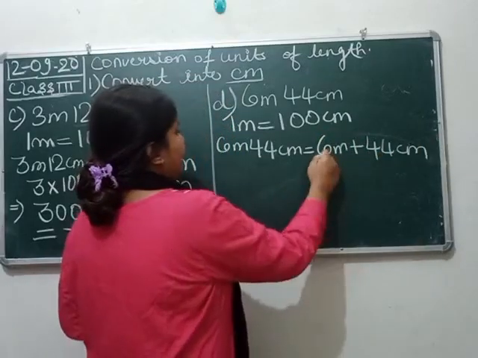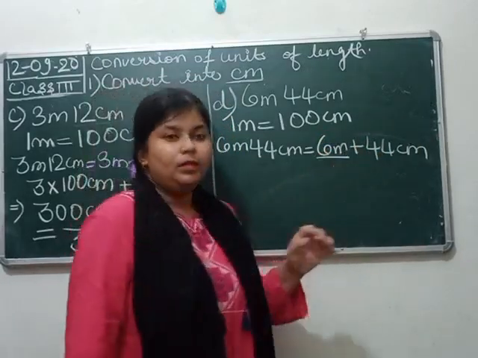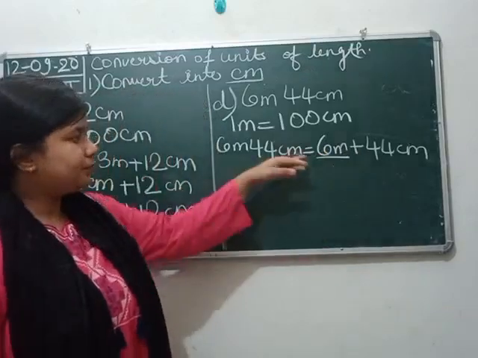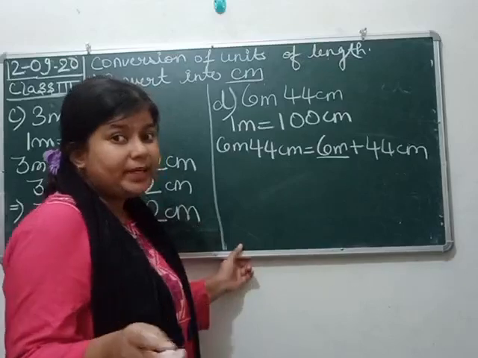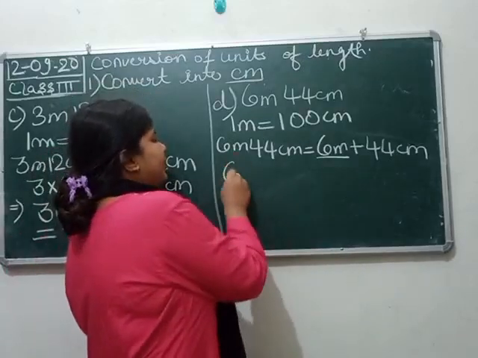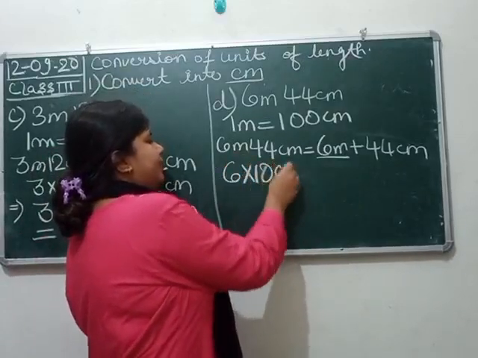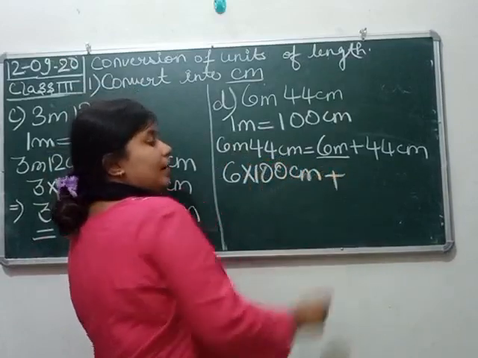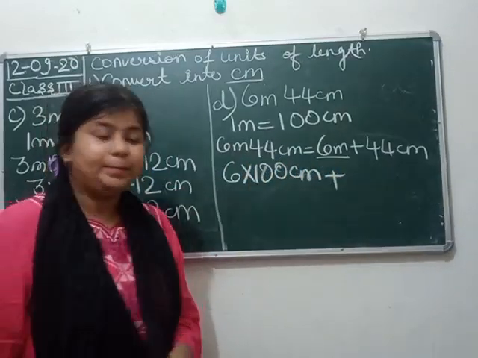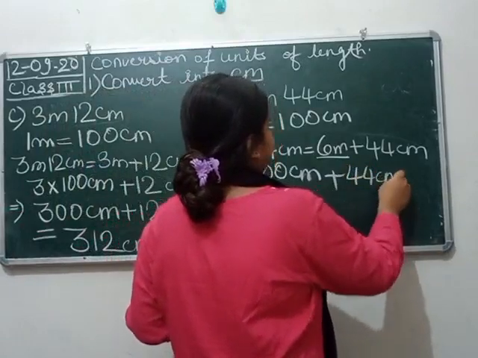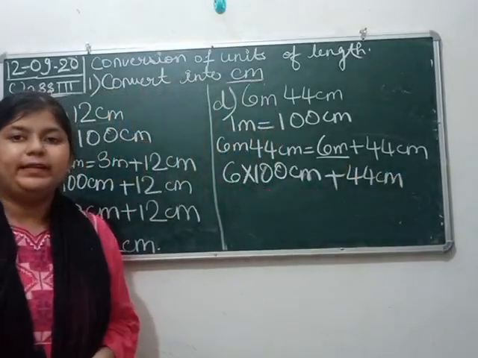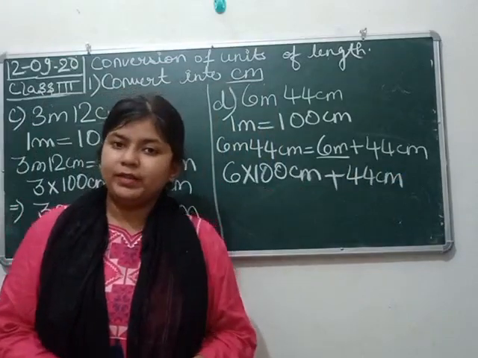Now 6 meter we are having here, so we will convert this 6 meter. Converting this 6 meter we will get 6 into 100 centimeter plus 44 centimeter.